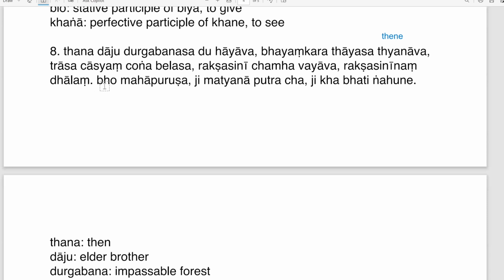And this is the content of her speaking. Bho Mahaburusha, that's an interjection, great man. Ji Madhyana Budracha. This is really tricky, and it could be a numeral, but here, because we don't have a classifier ma, it's more likely just a second person pronoun. So you are my beloved son.